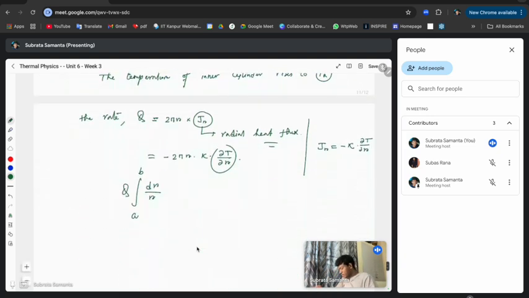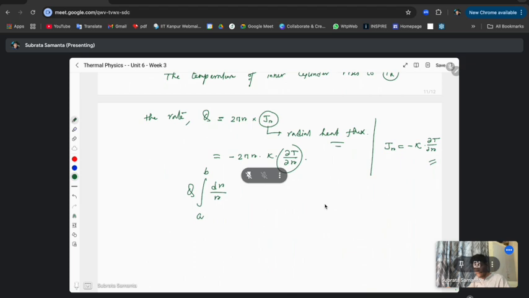That gives minus 2 pi kappa times the integral from T_A to T_B of dT.